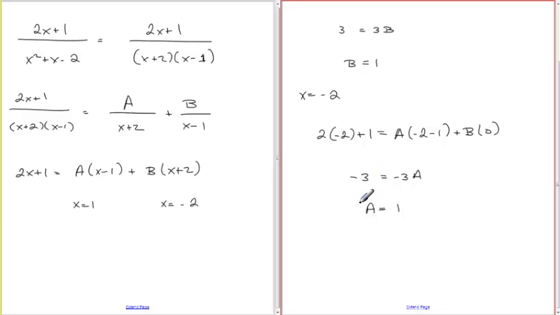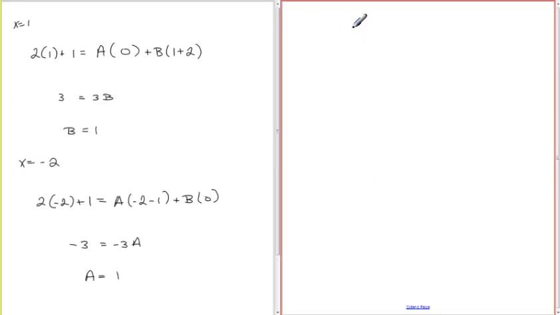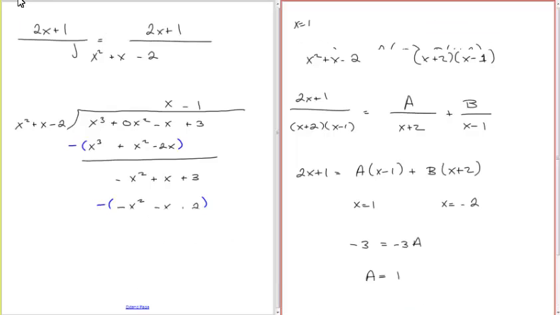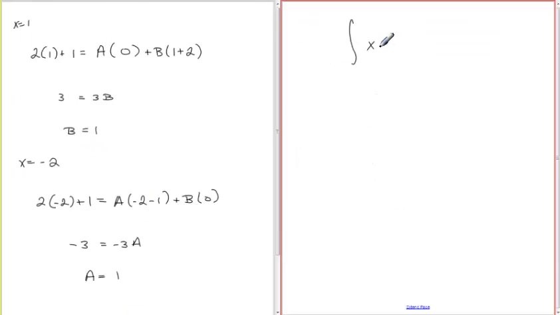So our final integral that we're going to do is the linear part, which was x. Let's go back to the beginning here. It's x minus 1. So we have x minus 1, and then plus the two fractions.